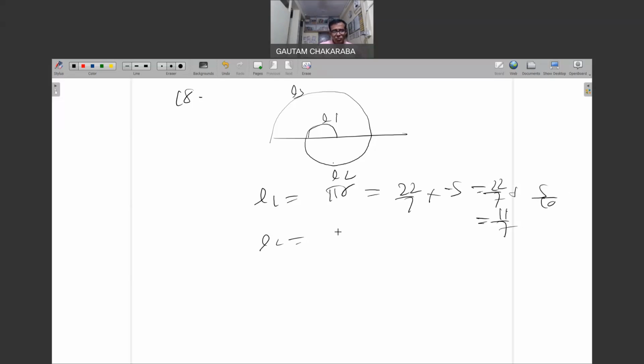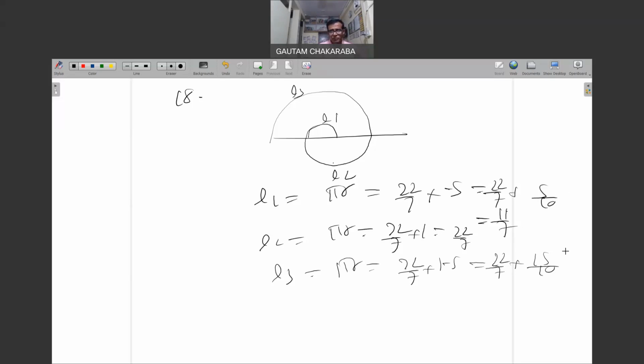And L2 is equal to, again same identity is pi r, but here r is 1, that is 22 by 7. Now find L3, pi r, again 22 by 7, their radius is 1.5, that is 15 by 10. Now simplify. After simplification, 33 by 7.